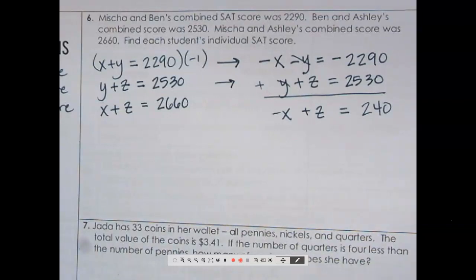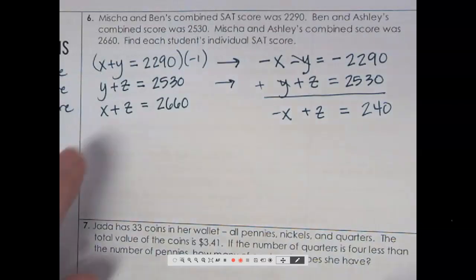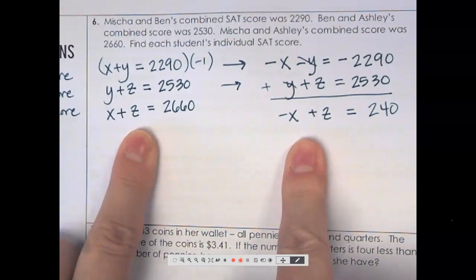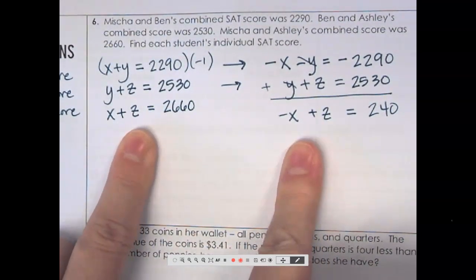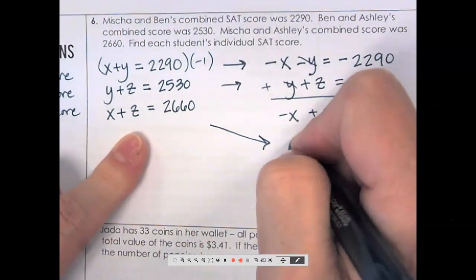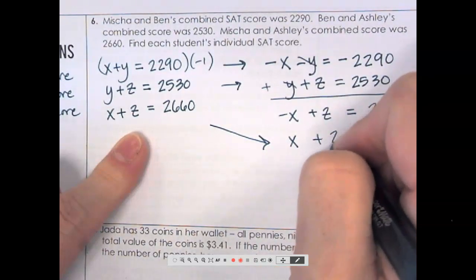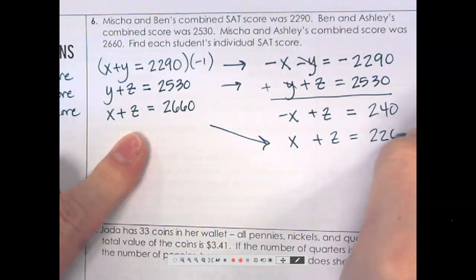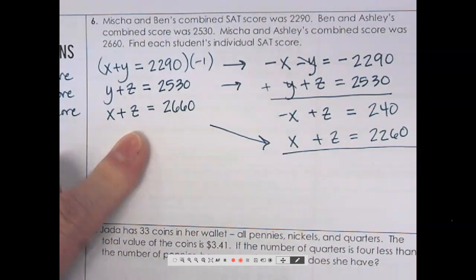Okay, now go back and look at the original equations. What do you think I should do? Add that equation to the third equation. Yeah, look at these two. They're already set up with the same two variables. So let's just combine this one with the third one. This is going to be nice and easy.